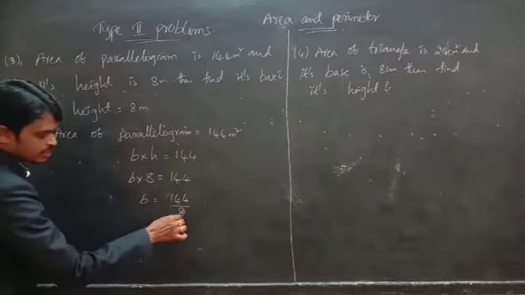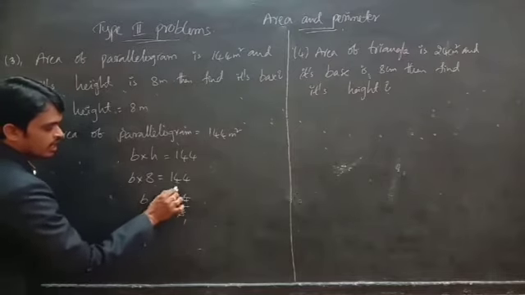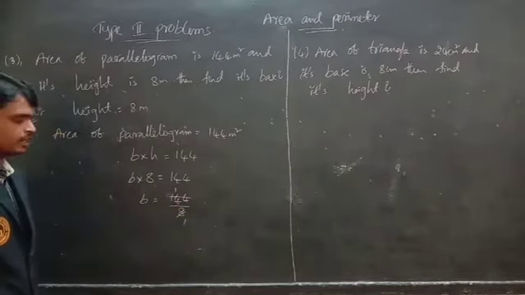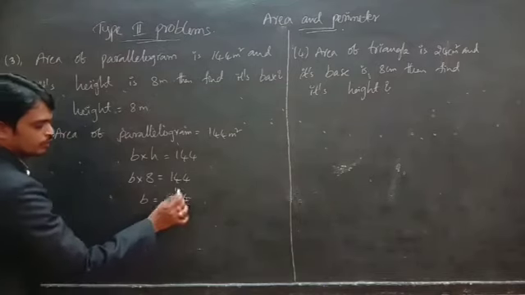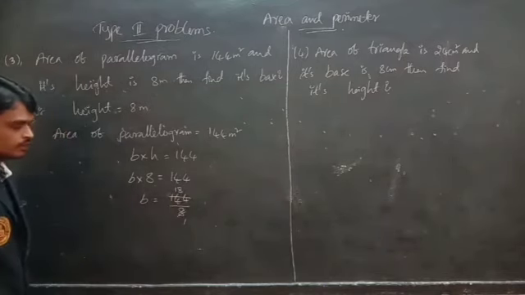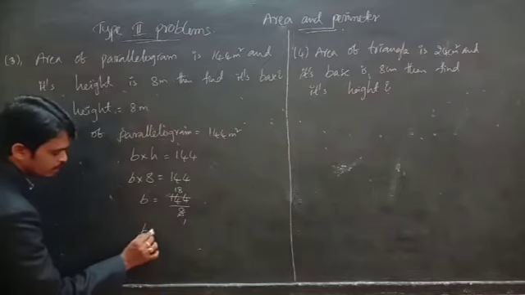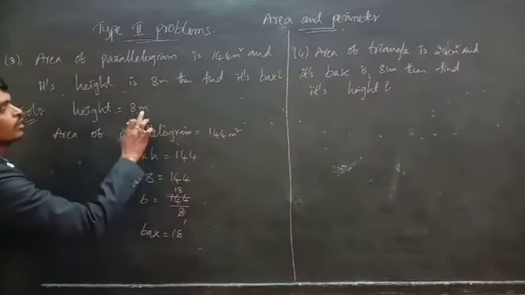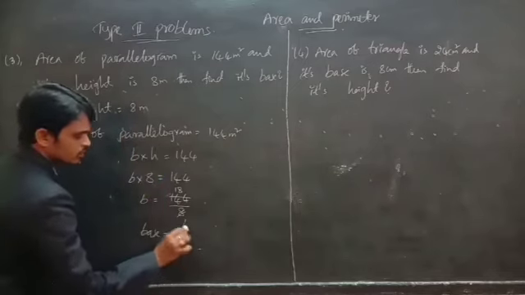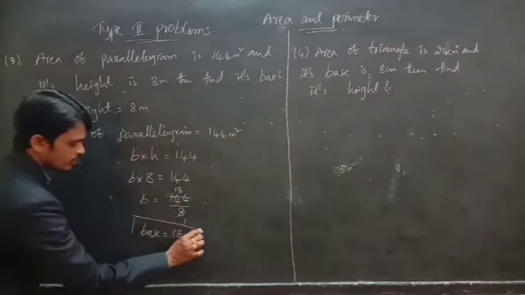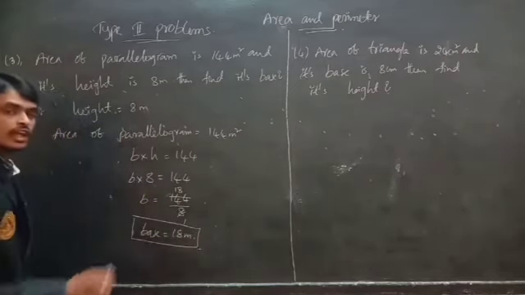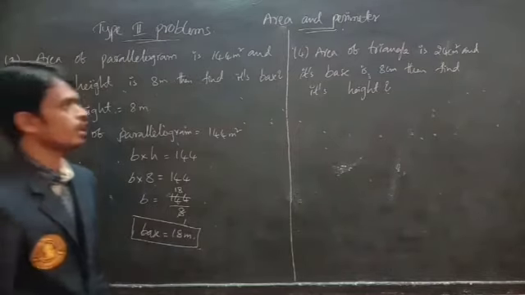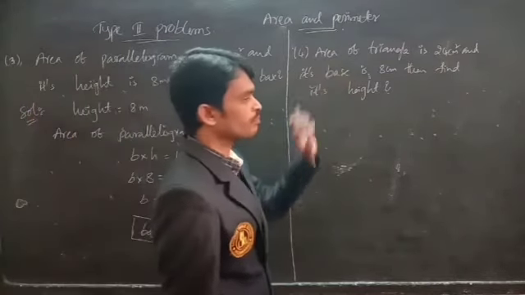Now cancel: 8 ones are 8, remaining 6, nothing but 64, 8 8s are 64. Then base is equals to 18 meters. So the base of the parallelogram we got is 18 meters. Now next, fourth problem.